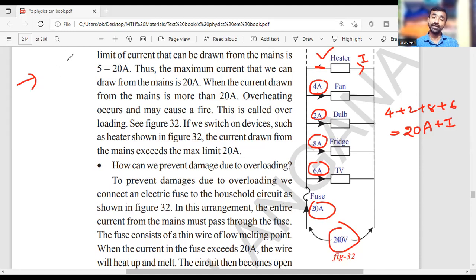So what happens here? Your wire is manufactured with a certain specific resistivity and it is designed for a certain value of conductivity. But you are trying to draw more current than your limit. So what happens? It gets overheated, and that heat will melt the wire, or if it is unable to melt, it gets heated and at the weak zone of your wire it starts burning.